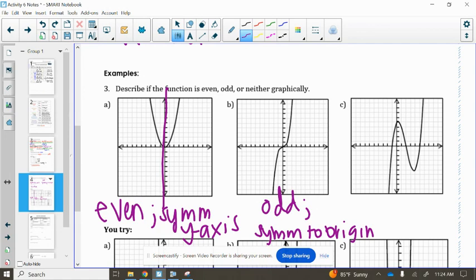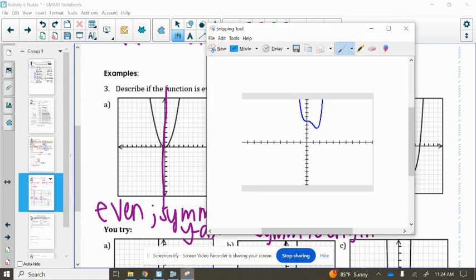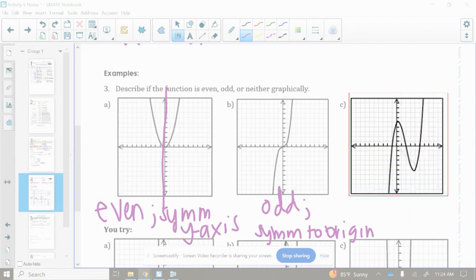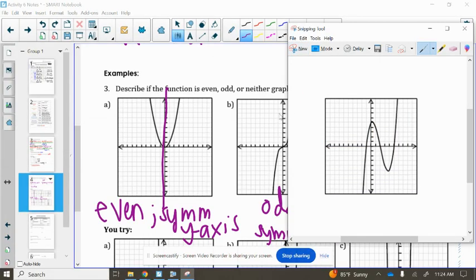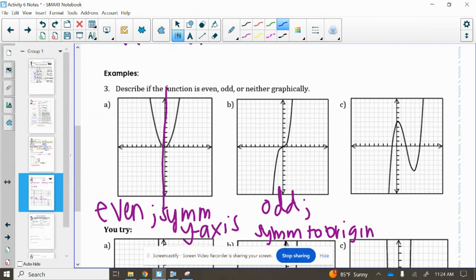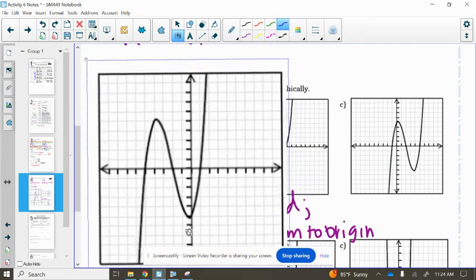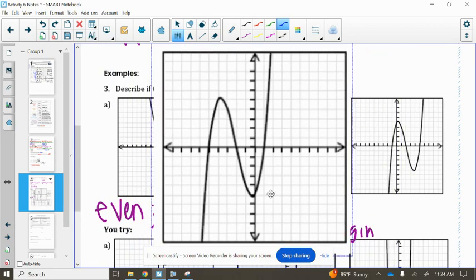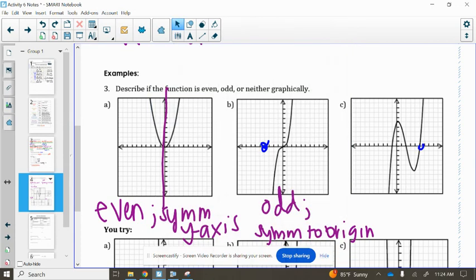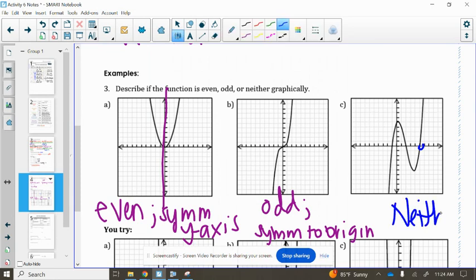And then last but not least, on this one we notice it does not have any symmetry to the y-axis. It's not even. If we flip this picture upside down, it is not the exact same as the original, right? We have a point here, we have a point here. Those are not the same location. So we would say that this is neither.